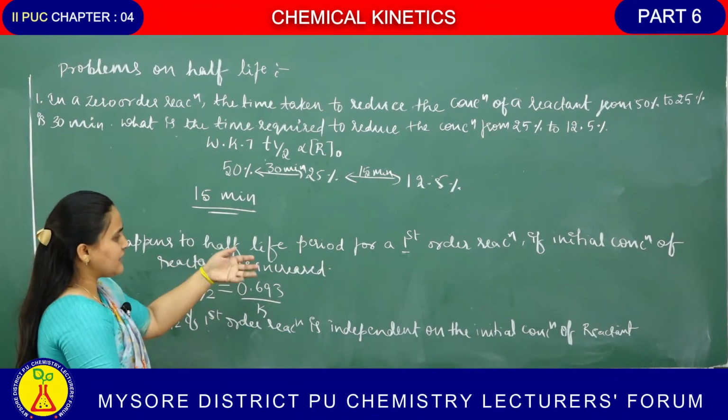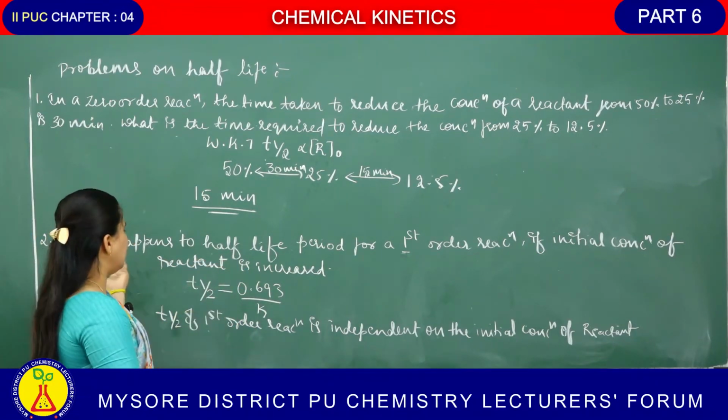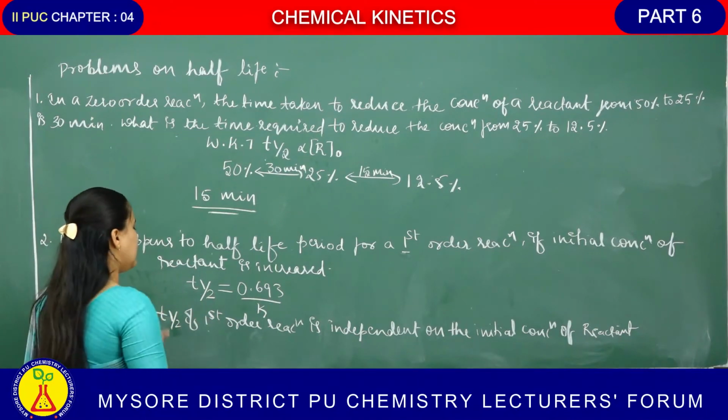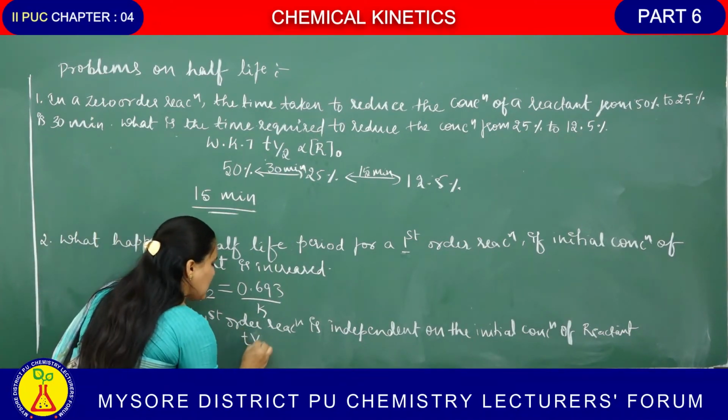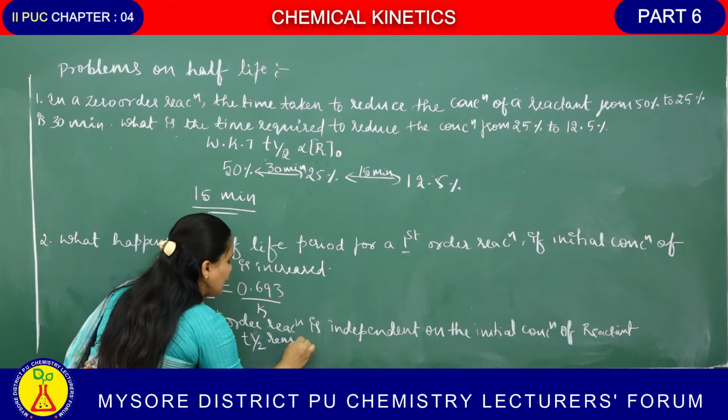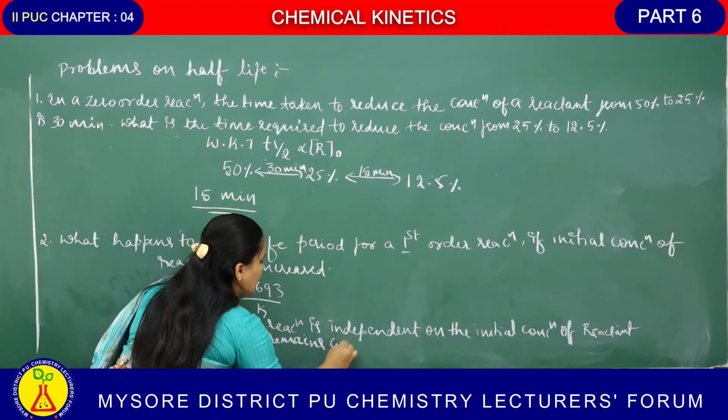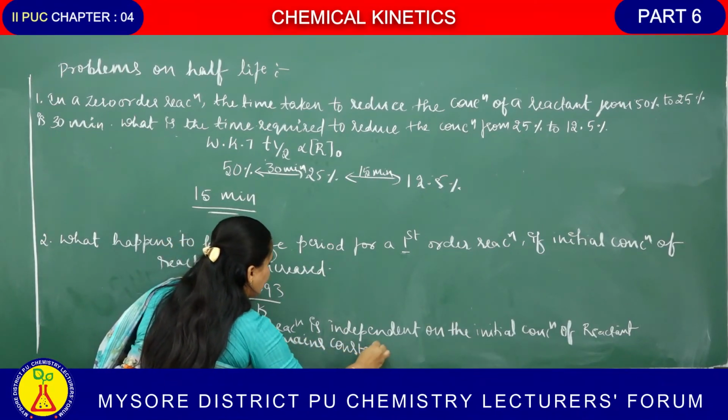Therefore, if we increase the concentration of reactant, there is no change in the half life period. Therefore, T half remains constant. Is it clear?